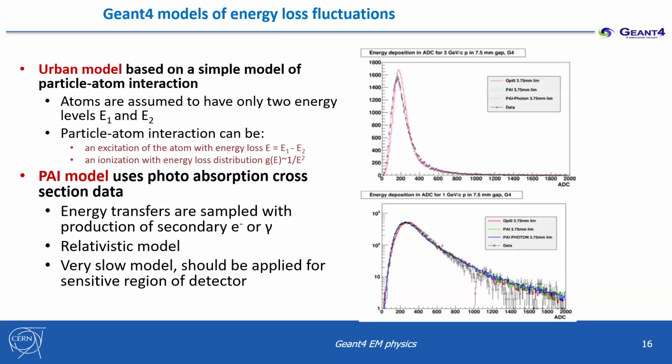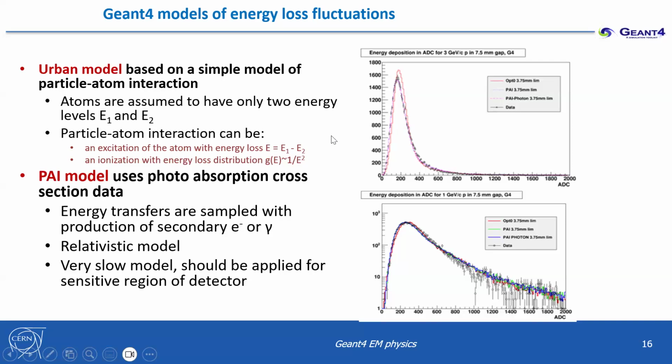If at each step we sample fluctuation of energy loss in a linear scale, if you measure energy loss in an absorber, you will see a long tail.